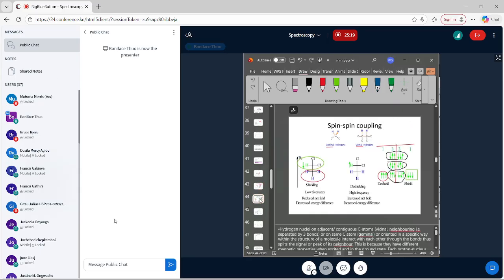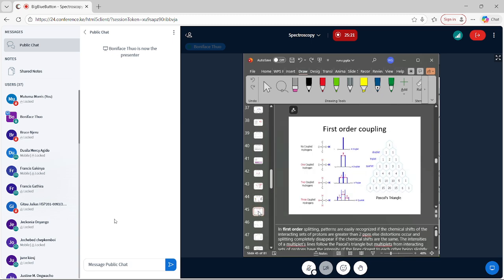So what we get is a first order coupling, which we have outlined. When you have no coupling hydrogen, the peak is a singlet.